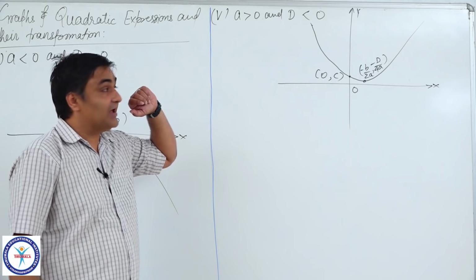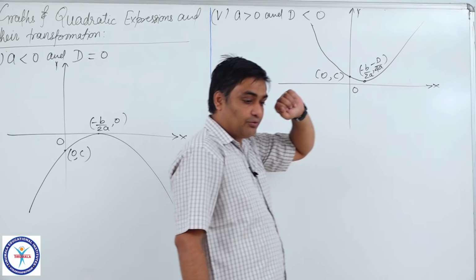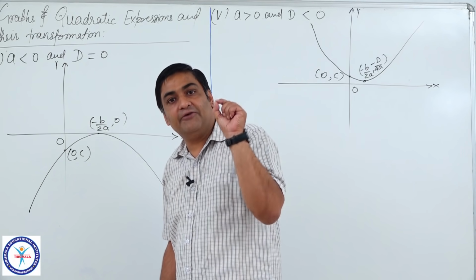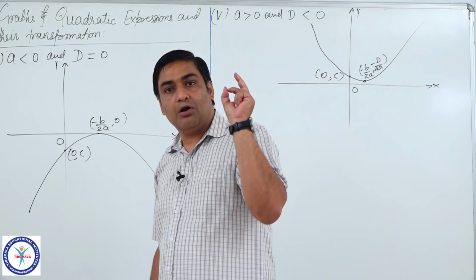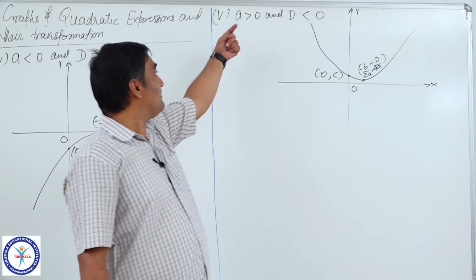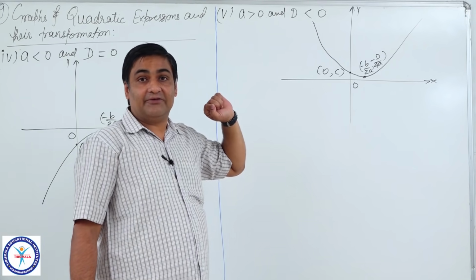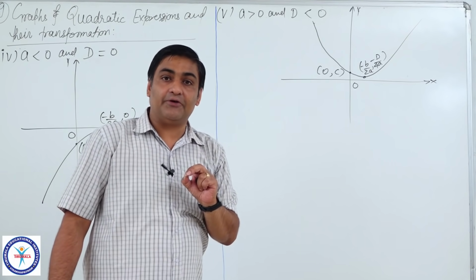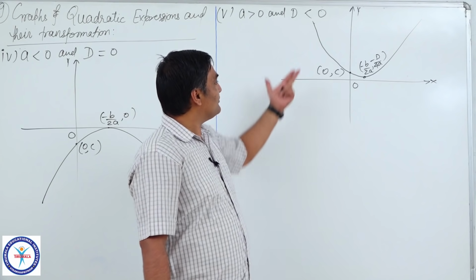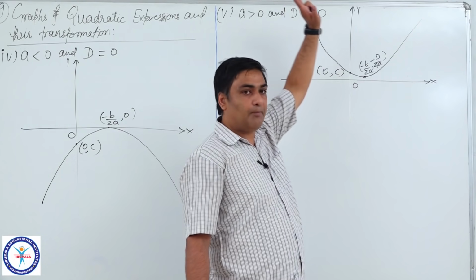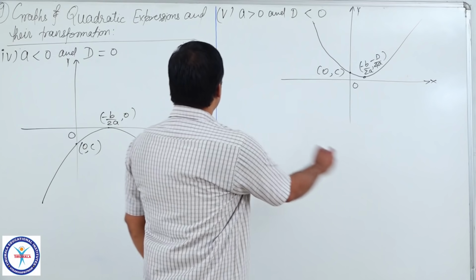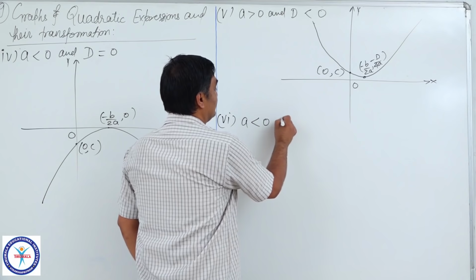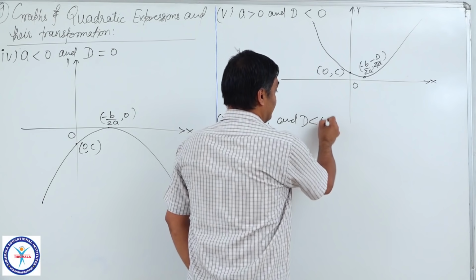And remember the sign scheme. When d less than 0, the quadratic expression is either always positive or always negative, depending upon a. If a is greater than 0 and d less than 0, then the quadratic expression is always positive. So the graph will lie always above the x-axis. Similarly, the sixth case is a less than 0 and d less than 0.